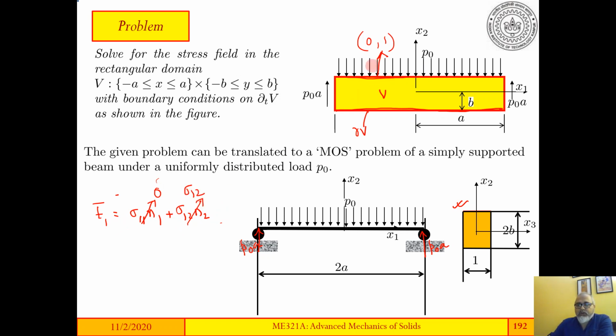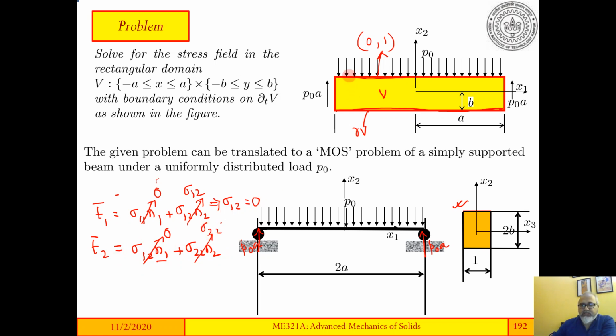But there is no x traction on this, so T1 bar is equal to 0, which implies that sigma 1 2 equal to 0 on the top surface. T2 bar is equal to sigma 1 2 n1 plus sigma 2 2 n2. This is 0 because n1 is 0, but this is equal to sigma 2 2.